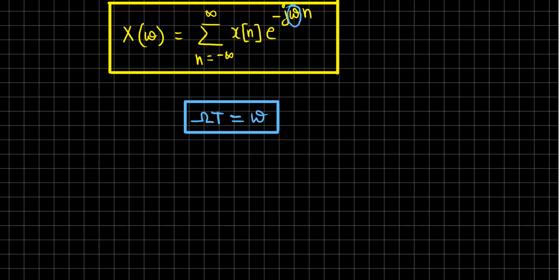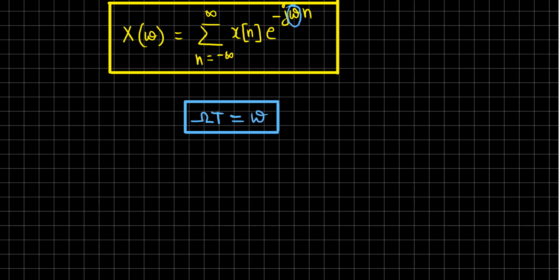What is capital omega? The capital omega is the frequency of the continuous time sinusoid, and the small omega is the frequency of the discrete time sinusoid. So this relationship actually indicates the scaling factor of capital T with the continuous frequency variable in order to obtain the discrete frequency variable.